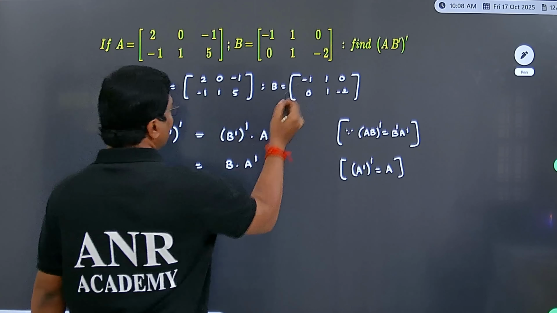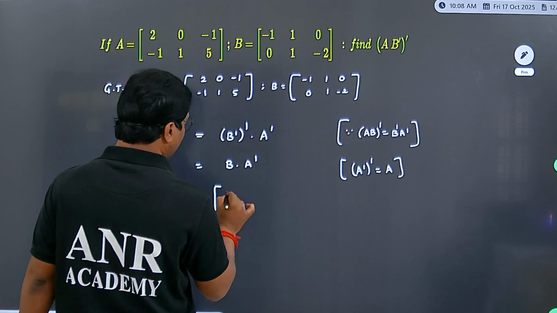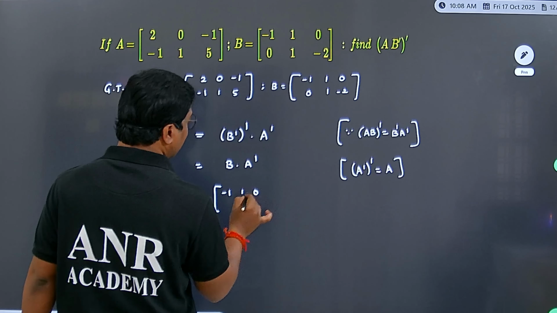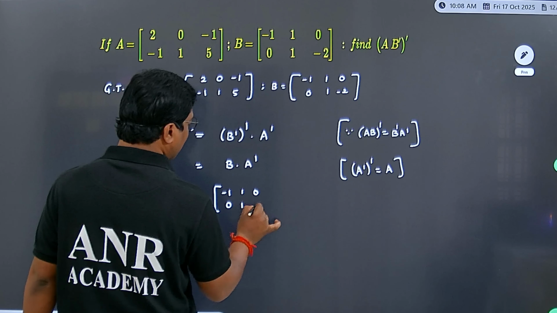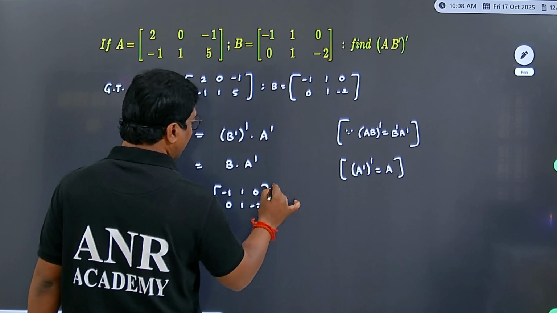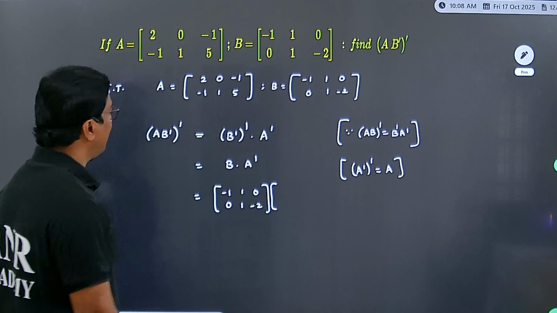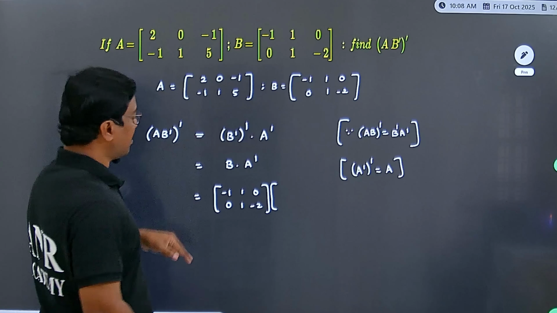Matrix B you have here minus 1, 1, 0, 0, 1, minus 2, multiplied by the transpose of A, 2, 0, minus 1, minus 1, 1, 5 here.